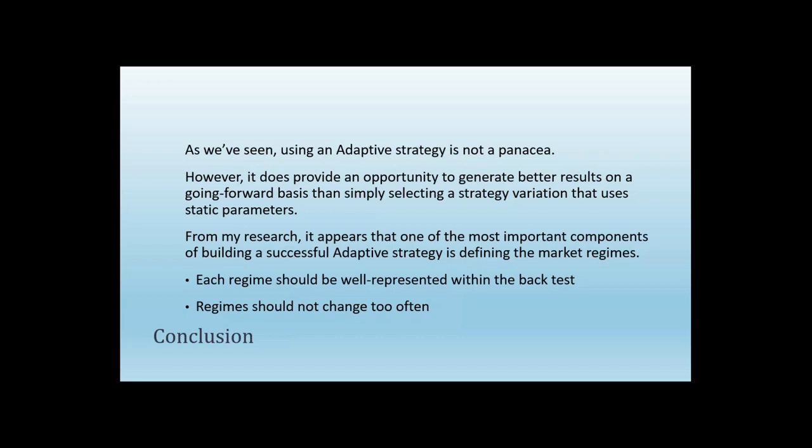In a way, that's cheating, right? Because if we go back to 2000 through 2012, and that's how we selected our parameters, by choosing the best performance in each market regime, then presumably if we go back and test now with those best parameters, we're going to do really well. We could go through that exercise just to see that that's the case, but it would be kind of like saying if we didn't have an adaptive strategy and we just chose these variation 46 parameters and then retested over the same time period, well, we know we're going to get good performance, right?